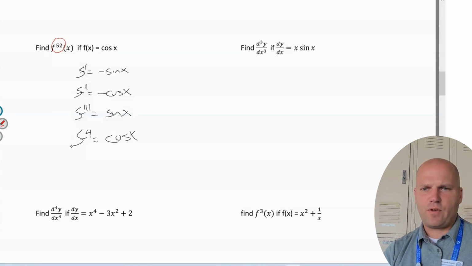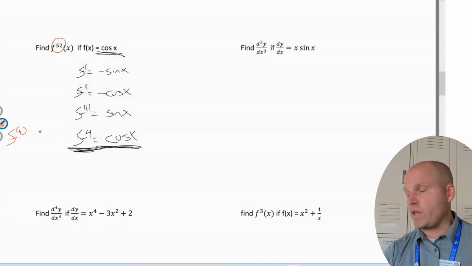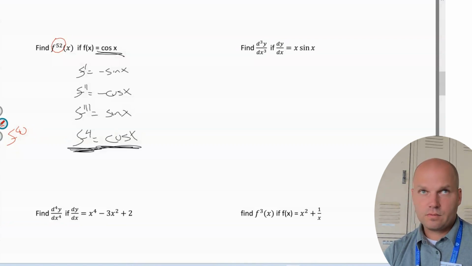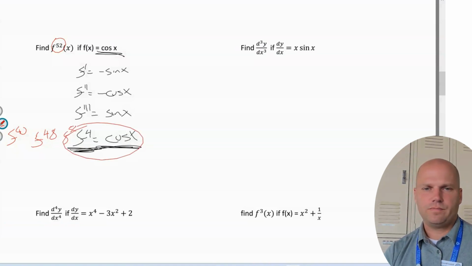We realize every fourth derivative, we are back to where we start, and then things repeat. Well, that means the 40th derivative is going to be cosine, the 44th, the 48th, the 52nd. 52 is actually divisible by 4, so the 52nd derivative is actually back to where we start.